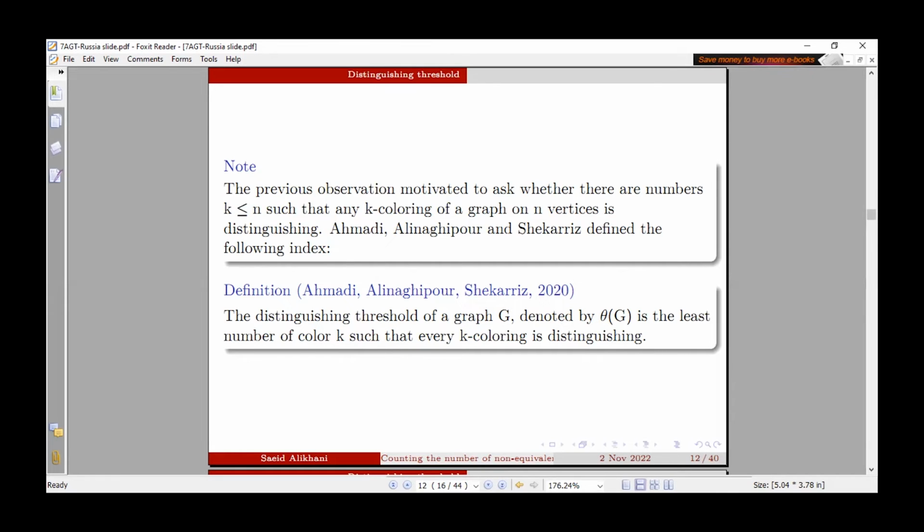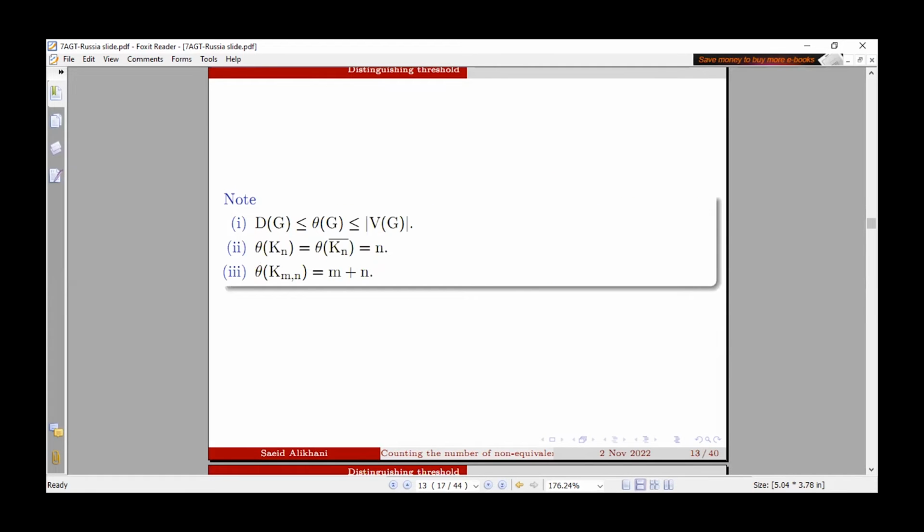Now we want to compute theta of G for specific graphs. For example, you see here for the complete graph Kn and the empty graph K n overline, it is obviously equal to n. And for the complete bipartite graph, the distinguishing threshold is n plus n.